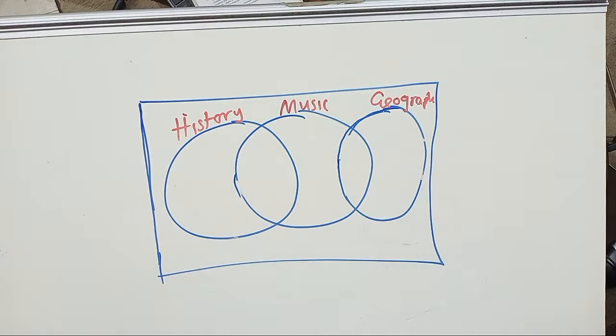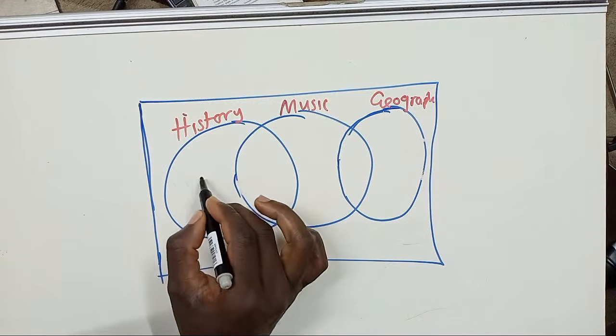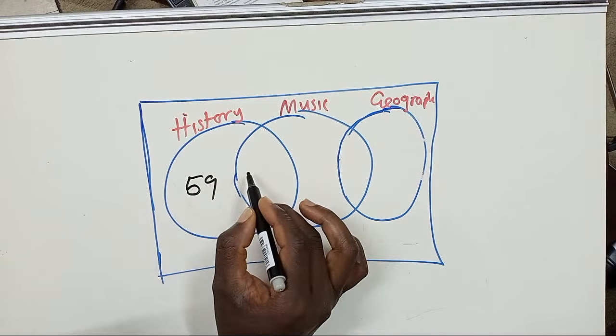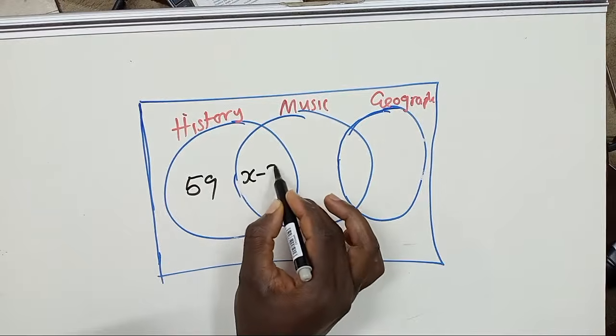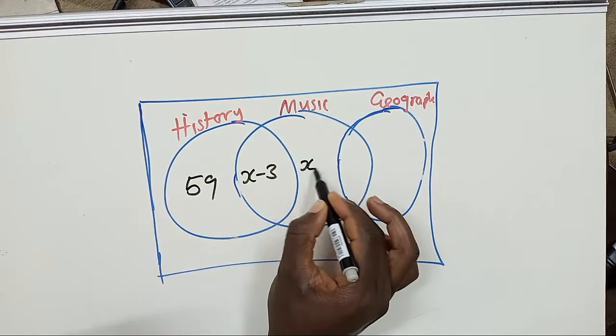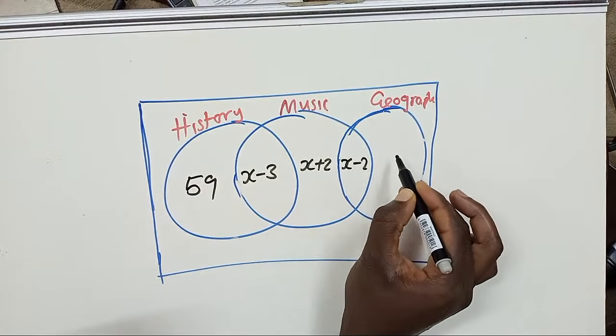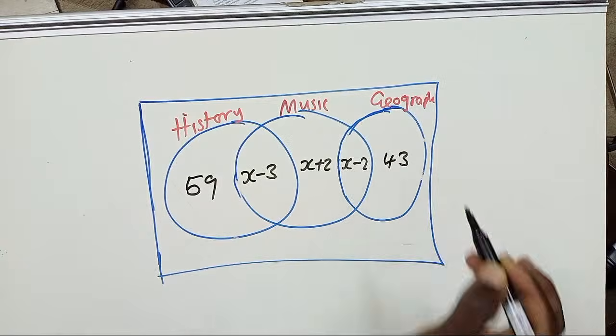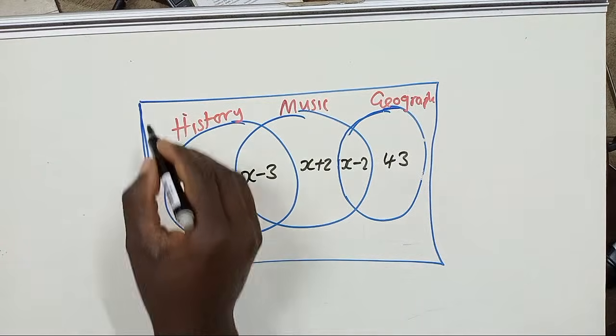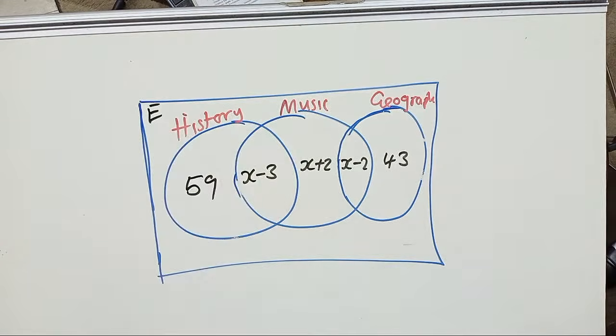If you have the 2019 paper, you can be checking the questions. We have 59 here. We have x minus 3 here. We have x plus 2. We have x minus 2, and we have 43. And E is right here to show the universal set.